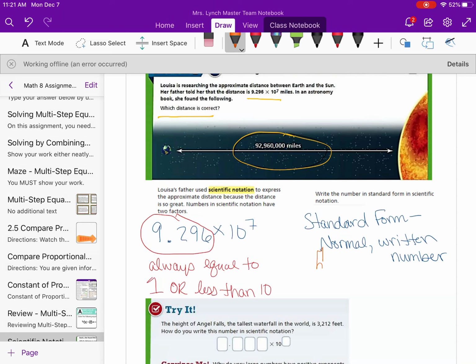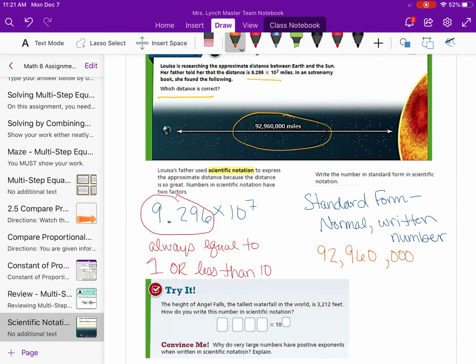She found in the book 92,960,000 miles. I'm just going to leave the number there without the miles. So here's how you can figure out if these are the same numbers. Again, put the decimal after the first non-zero digit. So that would be right here after the 9.